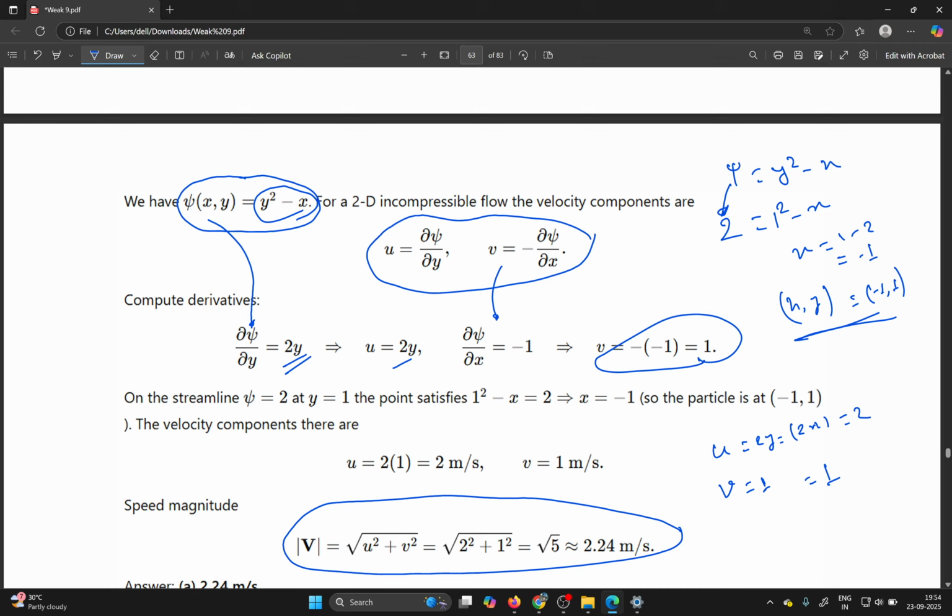Here you do not need to calculate the point minus 1 comma 1, because in the expression you have only y, and you already know the value of y. But for a similar type of question, you need to calculate the x.